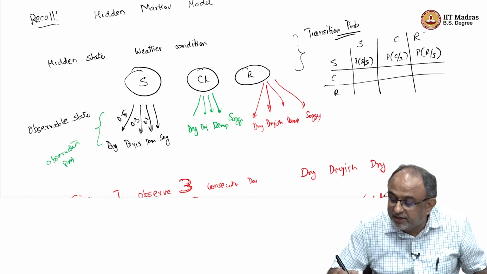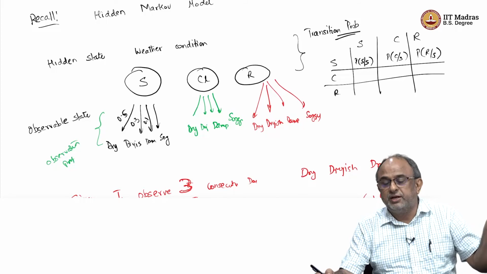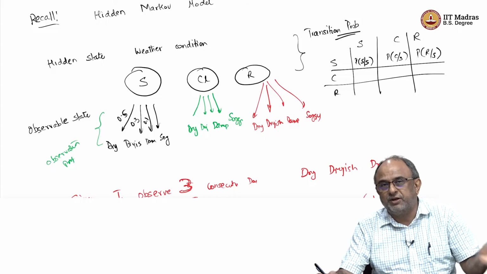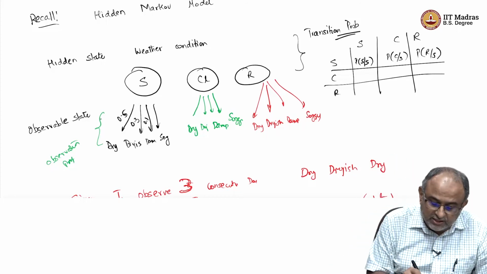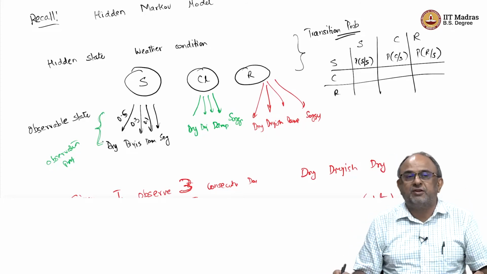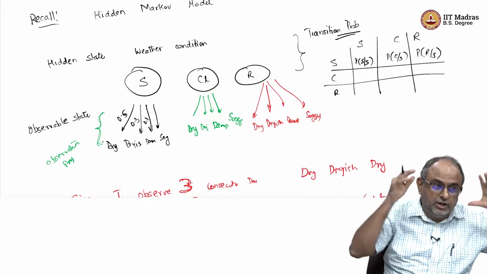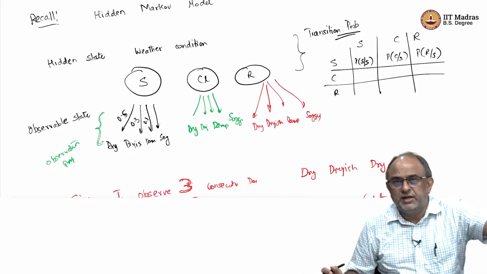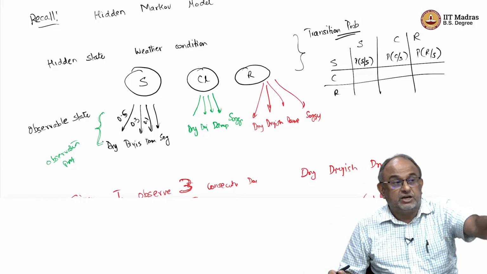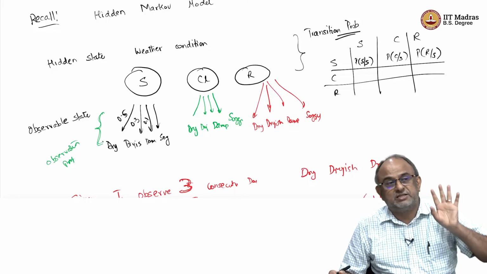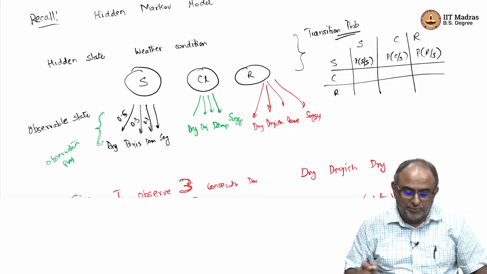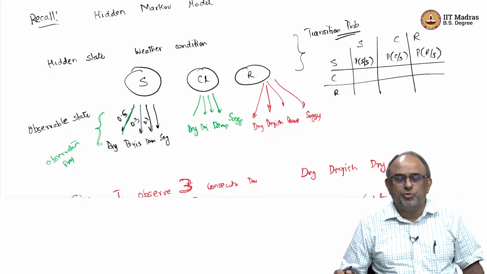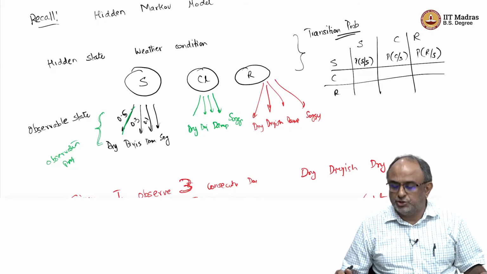So, this guy tells, historically, given sunny, how often did sunny happen, given sunny, how often did cloudy happen, given sunny, how often did rainy happen. This guy is telling that if I am in the sunny state, outside sunny, I am in a very deep cave, I cannot see outside, but a person comes and tells me that outside is sunny, and I find that whenever he does that, the grass is dry most of the time, 50% of the time. That is how I am getting that 50% that I am talking about here, right.